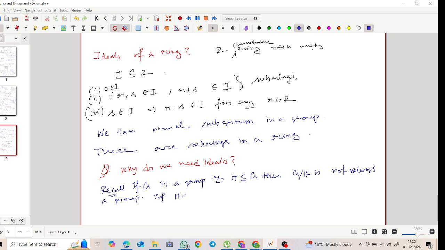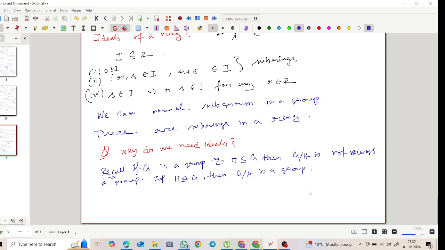If H is normal in G, then G mod H is a group, right?